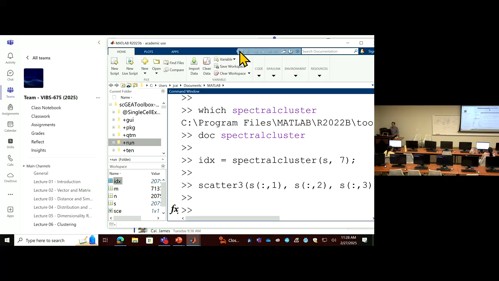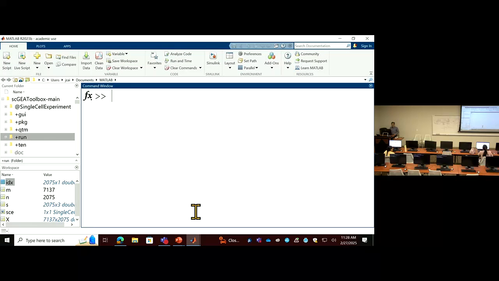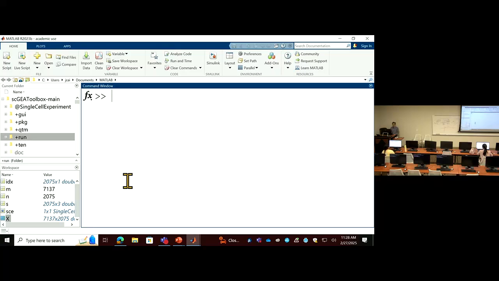Okay, now let's see SC3, the algorithm. I cleaned the desktop, but not the variables, because we are going to use this X to run SC3. This is the MATLAB implementation, SC3.